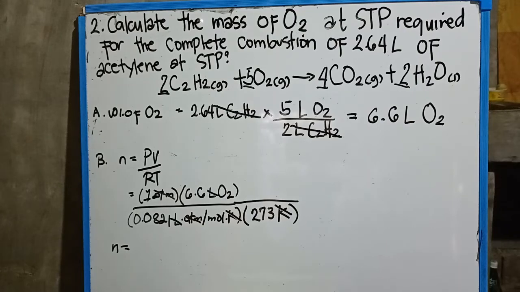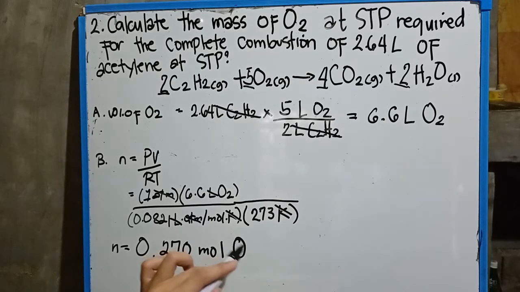So the result of 6.6 divided by 22.41 is 0.270 mole of oxygen gas. So we have now the mole of oxygen. We can now solve for the mass of oxygen gas.